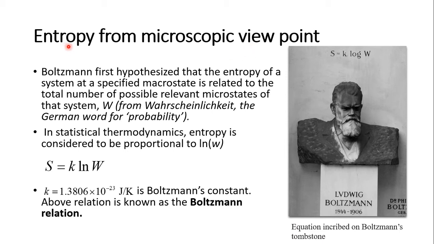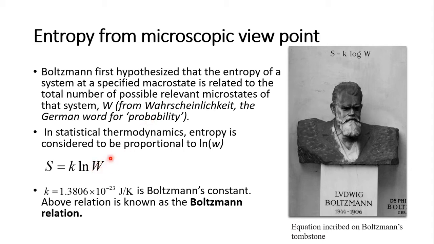The entropy definition from the microscopic point of view, or statistical thermodynamics, was hypothesized by Boltzmann. The entropy of a system at a specified macrostate is related to the total number of possible relevant microstates. You can calculate this using the W term, a German word which is known as probability.